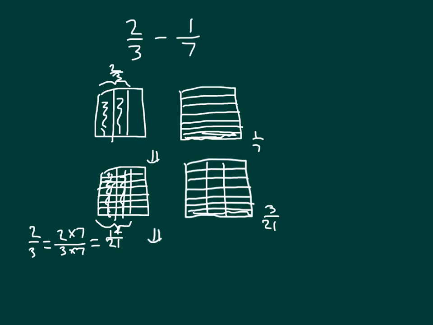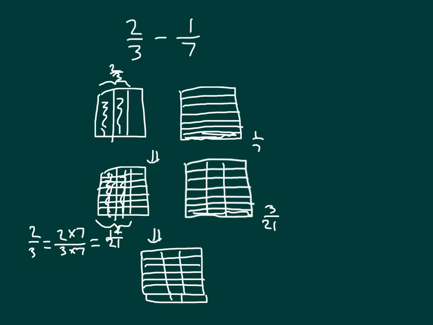So for our completed problem, we have 2/3 minus 1/7. We'll start again with 2/3, which does equal 14 21sts. Let's model that 14 21sts again.